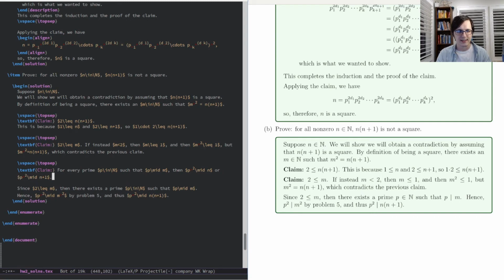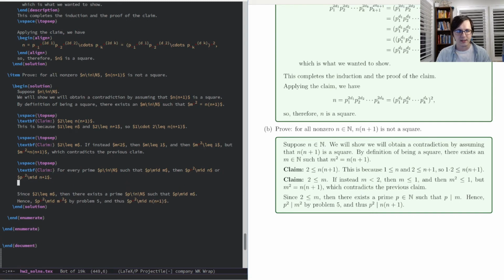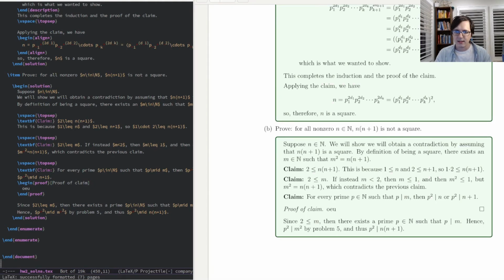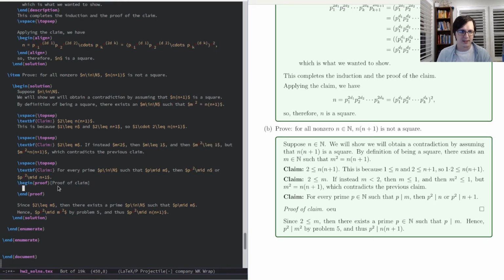Let's try this. So let's try a proof environment in here. Yeah, that seems good enough. Okay, we want to prove this claim. So suppose p in n is a prime such that p divides m.